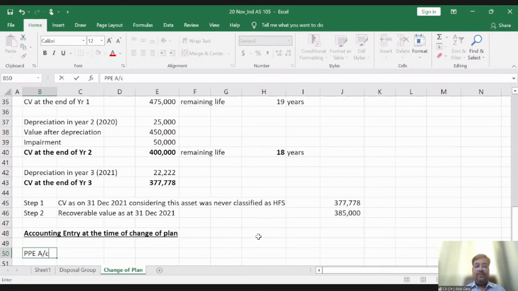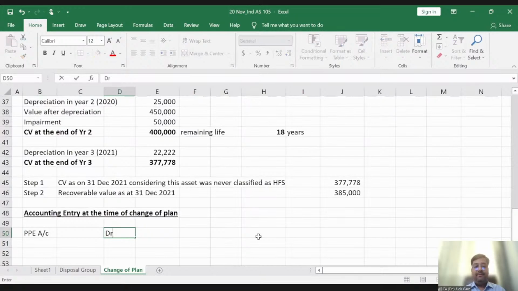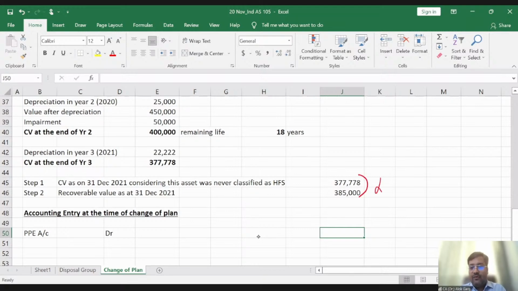PPE account debit. At what value? Lower of, what is lower between these two values, guys? The lower is 377,778.